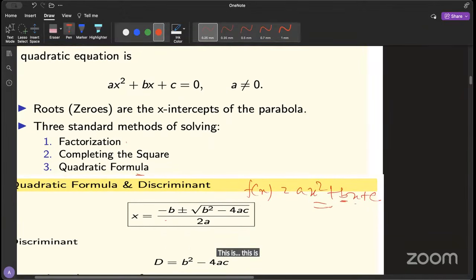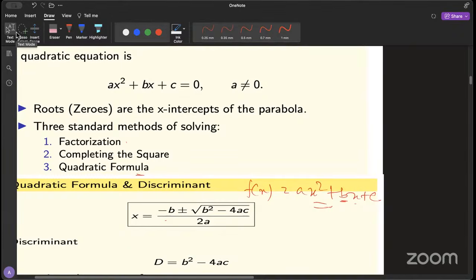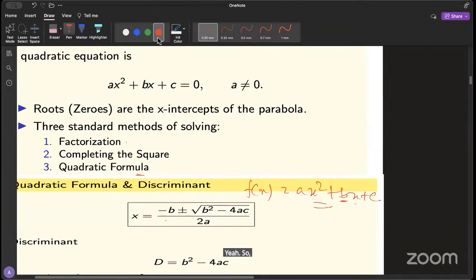And then for factorization, let's do one example on this.